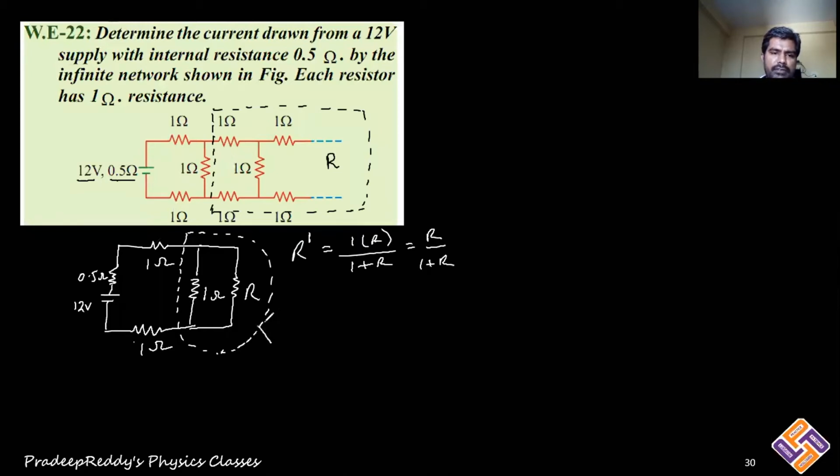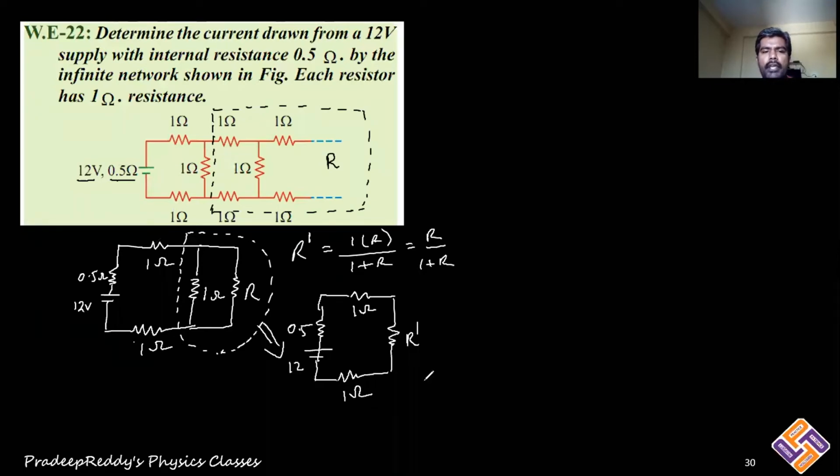So what does this effective circuit become? The effective circuit becomes 0.5 ohm, 1 ohm, R dash, and 1 ohm, with a battery of 12 volts. Now I want to find the effective resistance. 0.5 ohm, 1 ohm, R dash and 1 ohm are all connected in series combination.